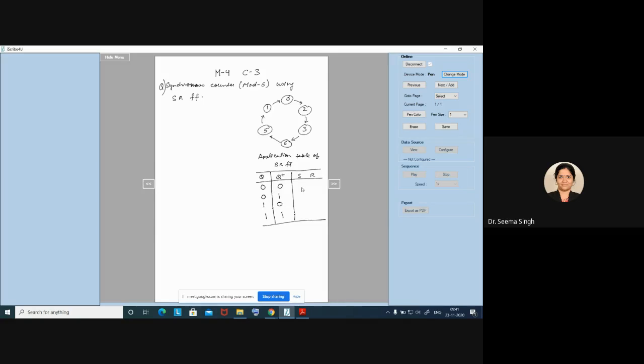The other possibility is if S and R both are 0 0, it goes to memory state and 0 will remain 0. So S will be 0 and R will be don't care. So 0 and 0 memory, 0 and 1 reset. These are the two possibilities.